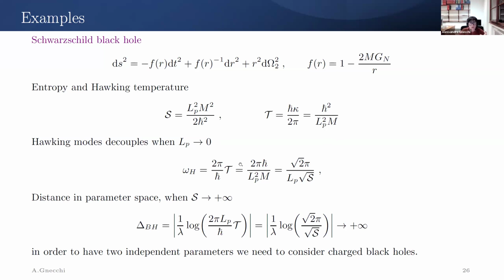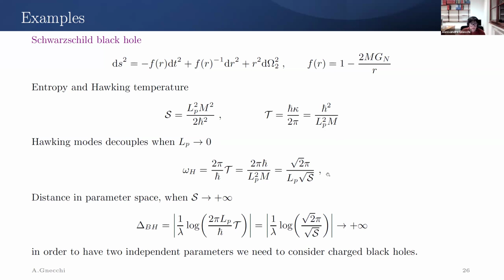And analogously to what we called Matsubara frequencies, now there are Hawking frequencies, Hawking modes. And these modes could parameterize towers of fields that become massless at infinite distance in parameter space. And the distance associated with these black holes is, analogously to what I wrote before, the modulus of this logarithm.